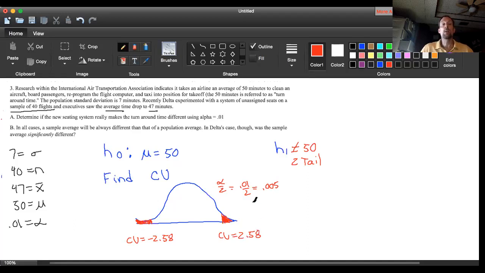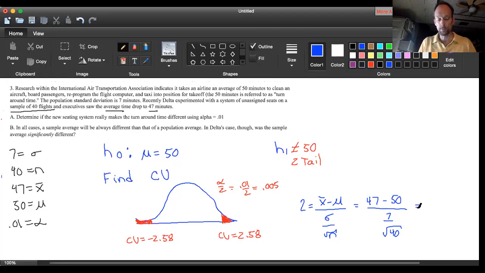Okay, now we're going to start to run our z formula. I'm going to see what I get on my calculator here.